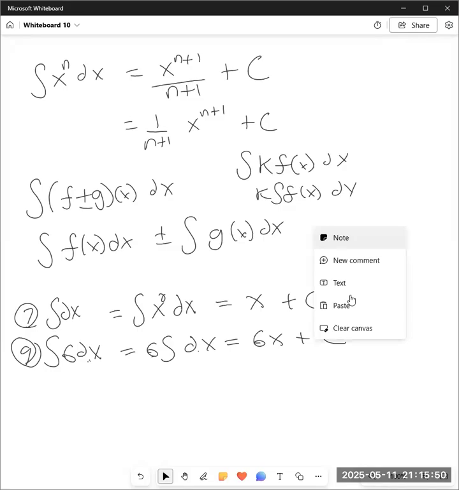Let's look at number 13. We have negative 9t squared dt. So it doesn't matter what my variable is. It just matters that this variable that's dt matches with the t's that are there. So I'm going to pull that negative 9 out front.